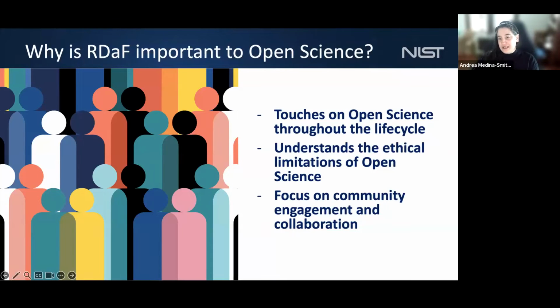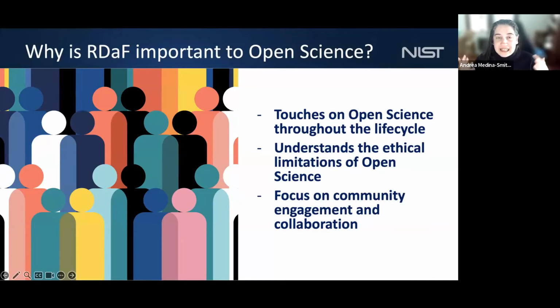We know that not all data should be open. Sensitive cultural, personal, and business data is subject to, among other things, indigenous sovereignty rights and the right to privacy. RDaF can help an organization walk through those considerations while they're implementing an open data policy.